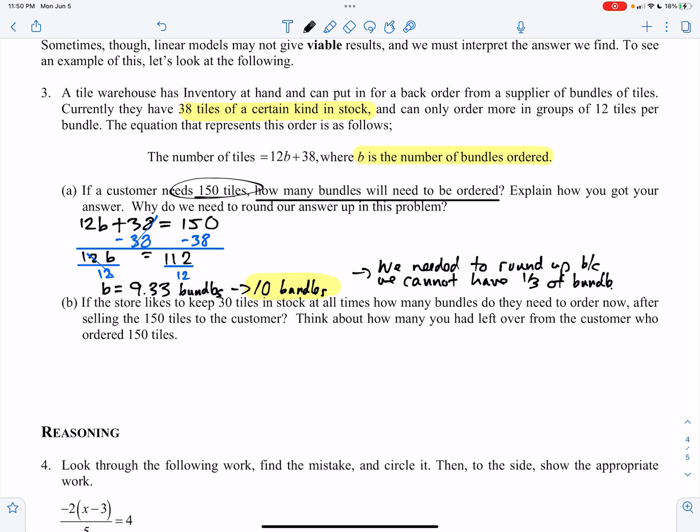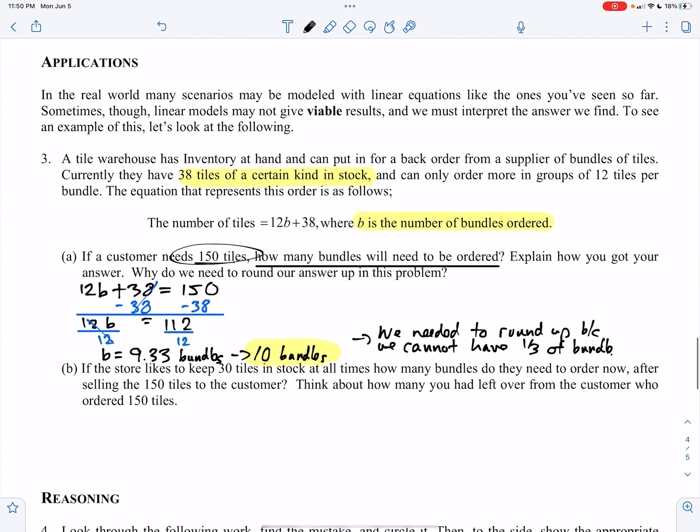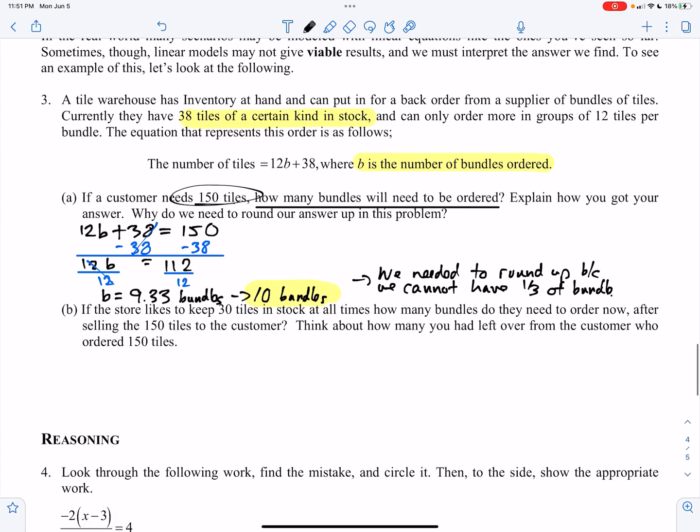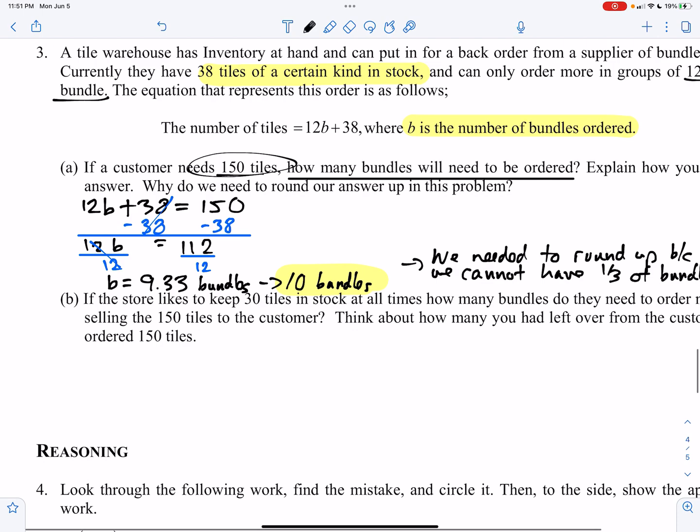You have tiles and you have bundles. Remember, every single bundle is 12 tiles per bundle. One of the things that we know is the answer we got, the 10 bundles. So let's start there.